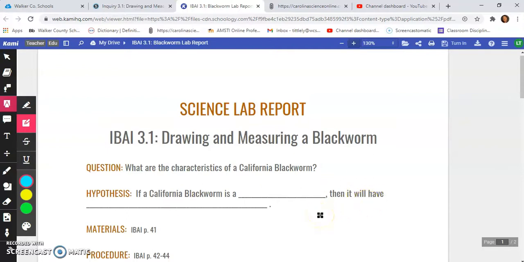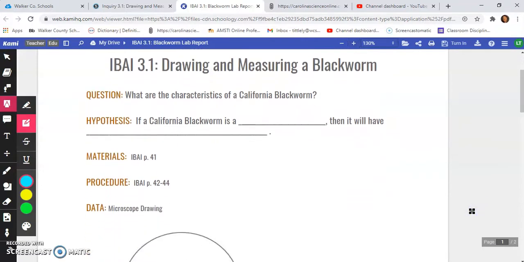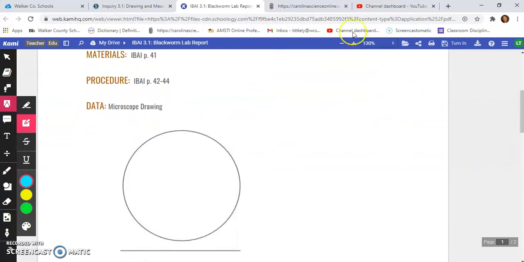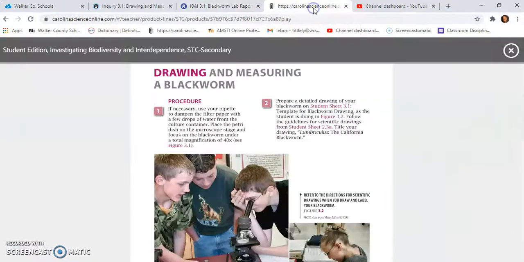Okay, let's look on down on our lab report. Our materials on this lab are found on page 41 in the textbook, and our procedures are found on page 42 to 44. So let's take a look at our procedures and see what we're going to be doing.